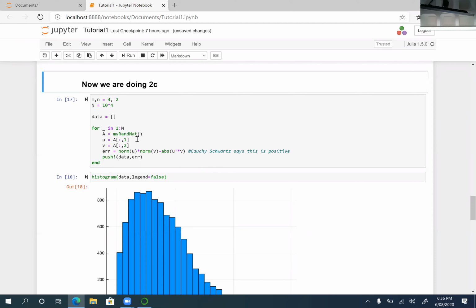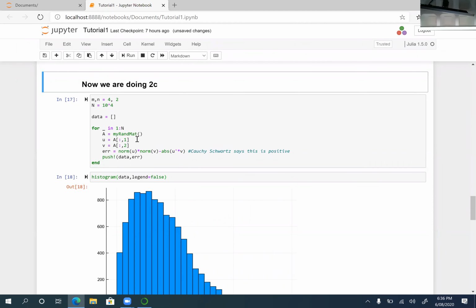So we're indexing, but we're pulling out the first column of the matrix A. In one iteration, we generate a random 4x2 matrix, and then we put into memory that U is the first column and that V is the second column.